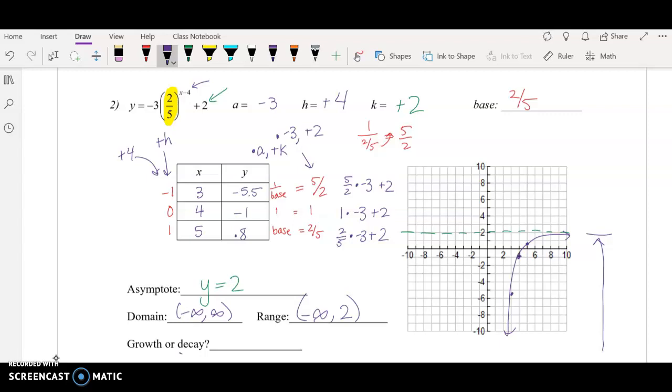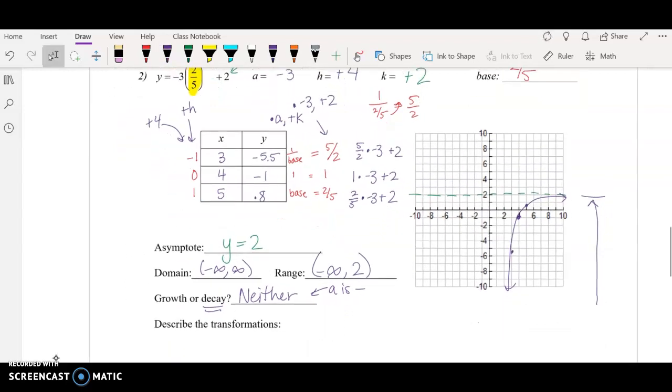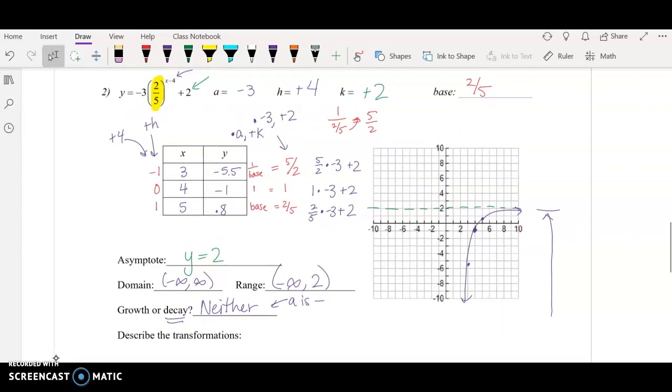Normally for this one we would say decay, but since your A value is negative, it's actually going to be neither. So anytime A is negative, you're going to say it's neither growth nor decay, because it's supposed to go down forever, but it's not really looking like it is. Our transformations involve the reflection over x, the vertical stretch, and moving right 4 and up 2.